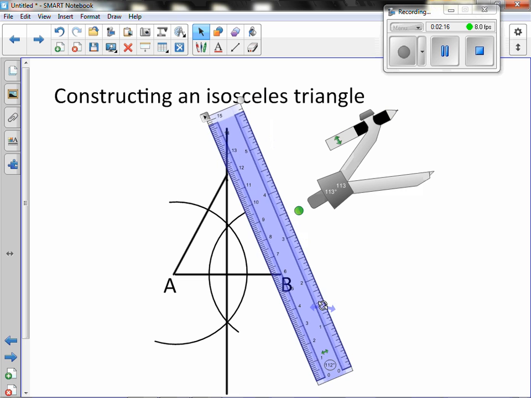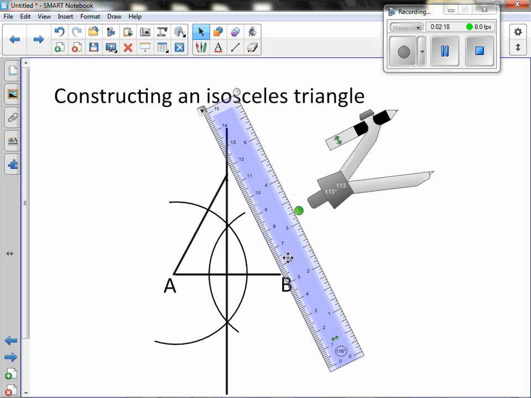I will have created an isosceles triangle.